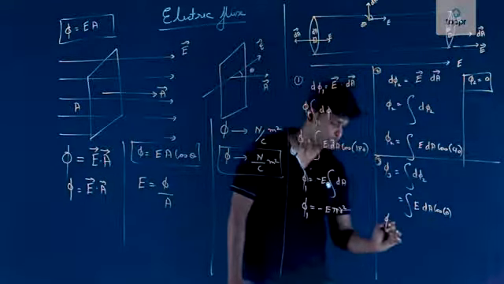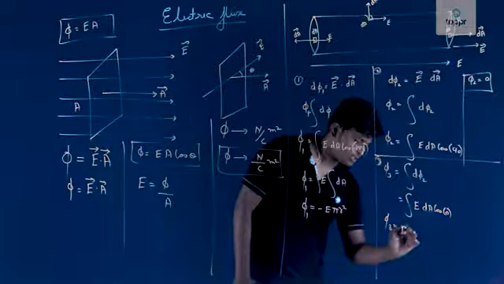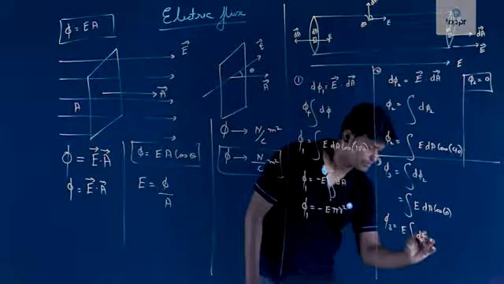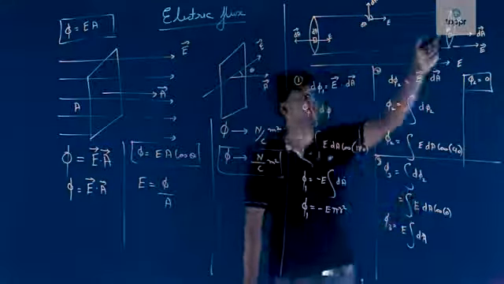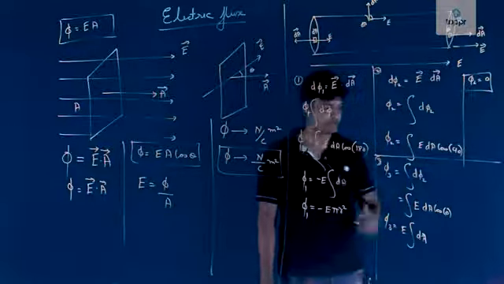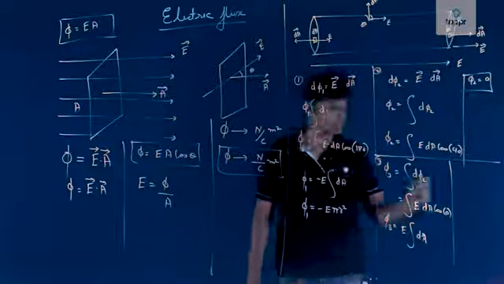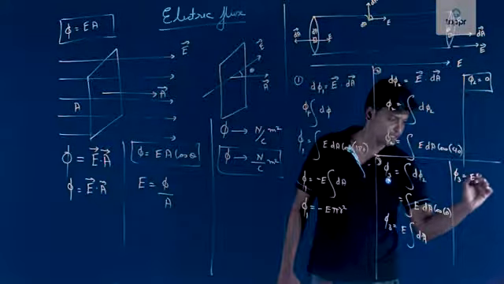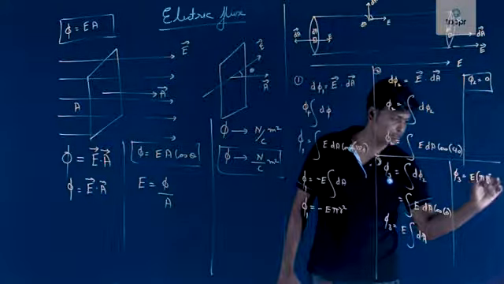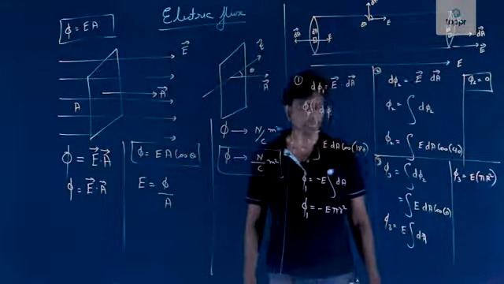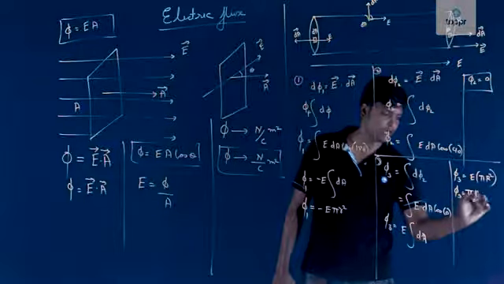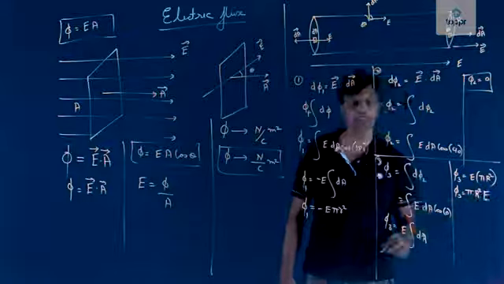So phi 3 is given by E times the integration of dA. Now when I integrate dA over the entire surface, what will I get? The area of the surface. So phi 3 is equal to E into pi r square, right? So phi 3 is pi r square into E.